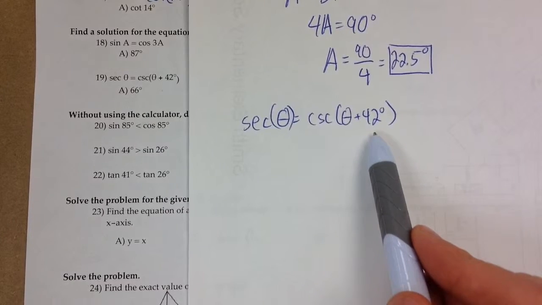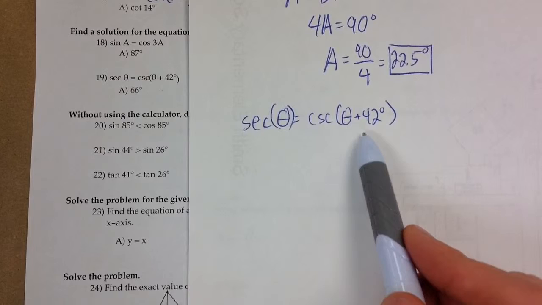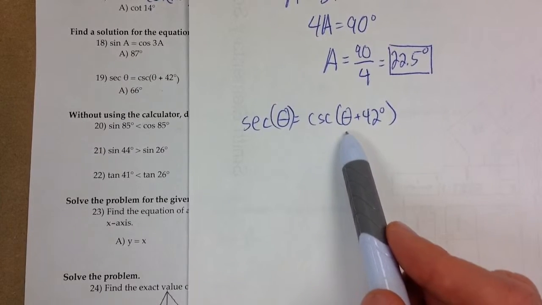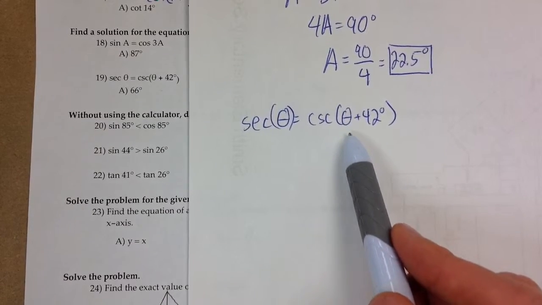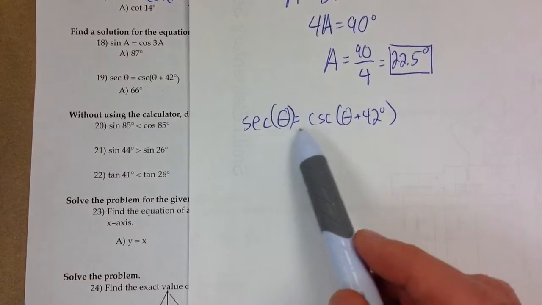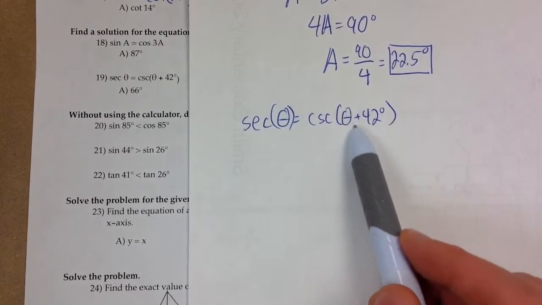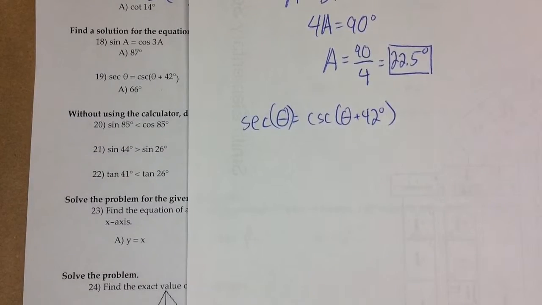They are parameters of functions. They're inputs into functions. You have to let the function do its work first. But in this case, we can use knowledge about the relationship between secant and cosecant to get at what these are going to be, or at least what the relationship is.